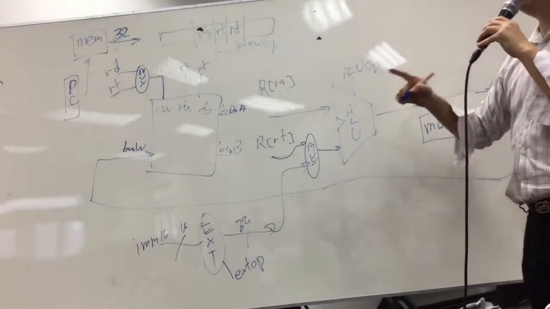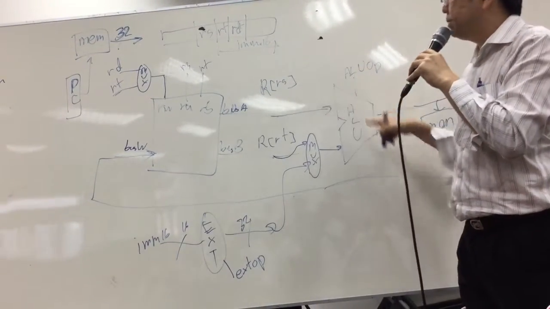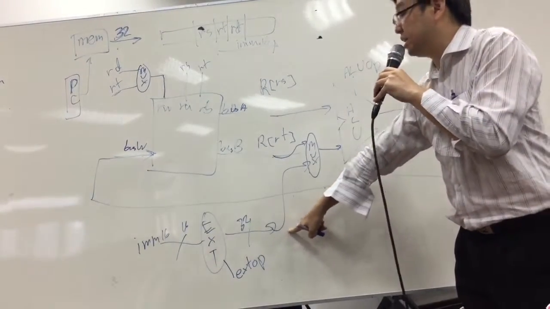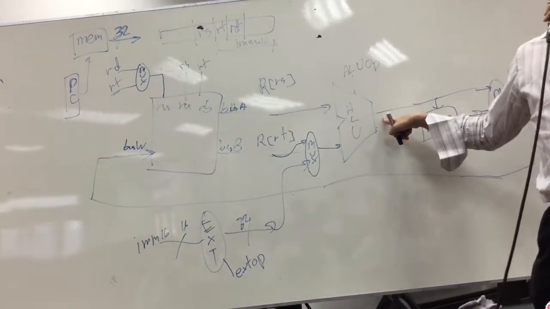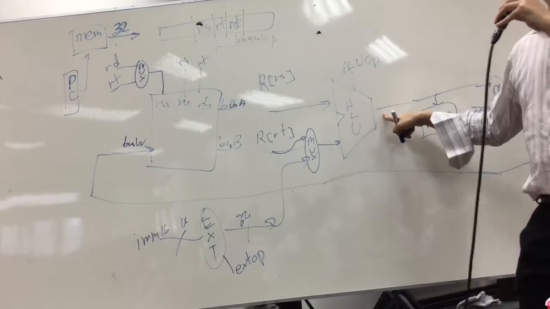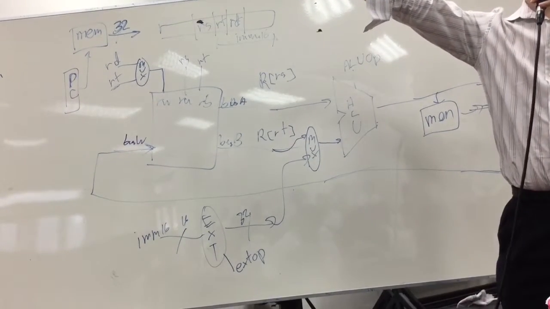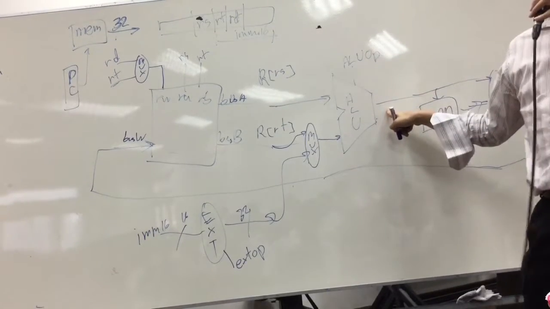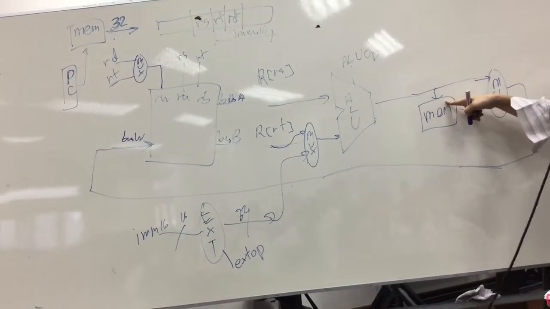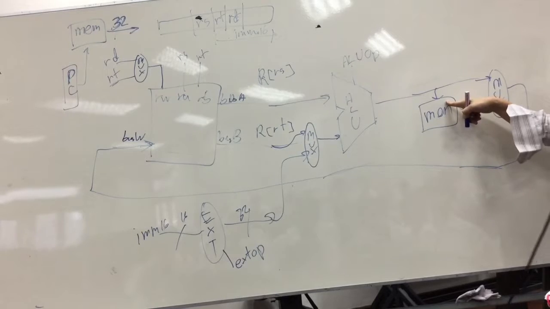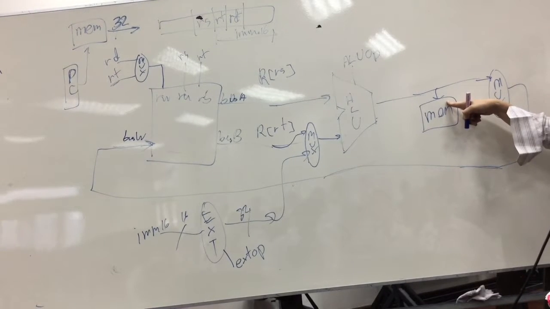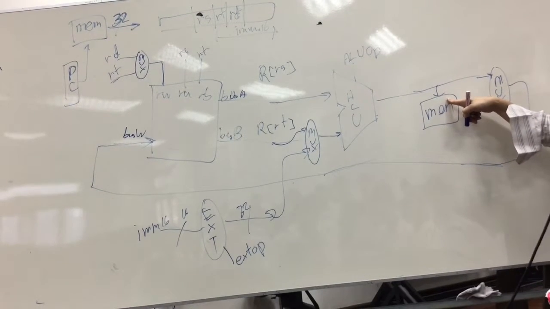If you take a look carefully, the RRS plus the sign extend 16-bit just works right here, because it's basically the same as that of the load instruction. So we got the address that we want. We already connect the address to the memory, right? Because we did that with the load instruction.